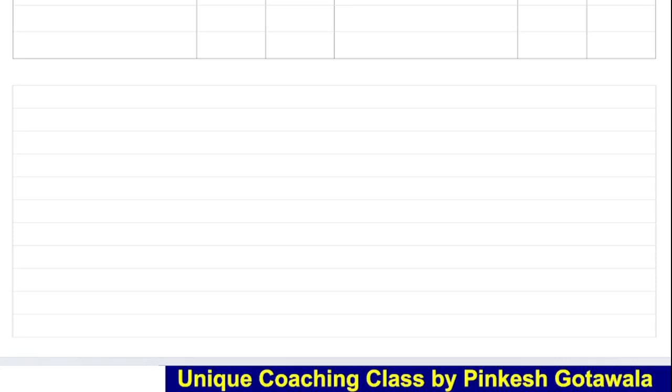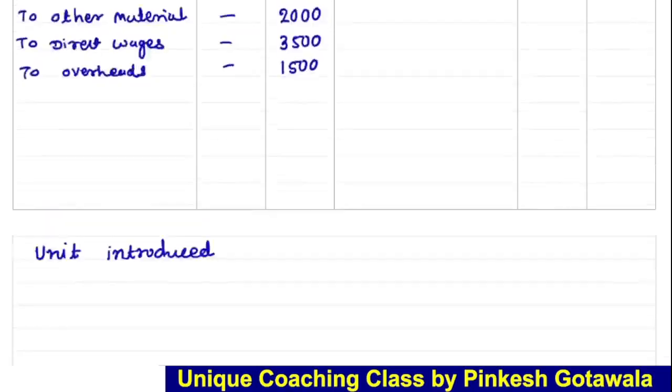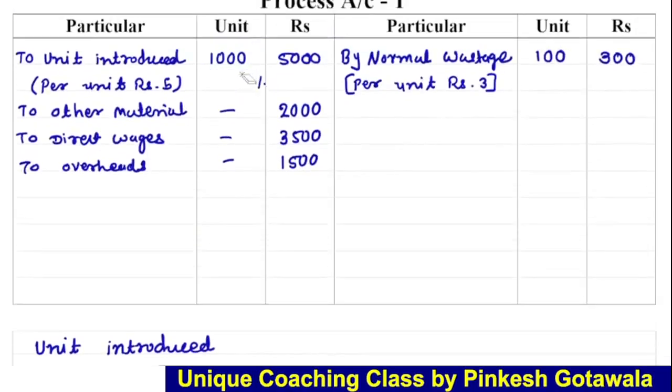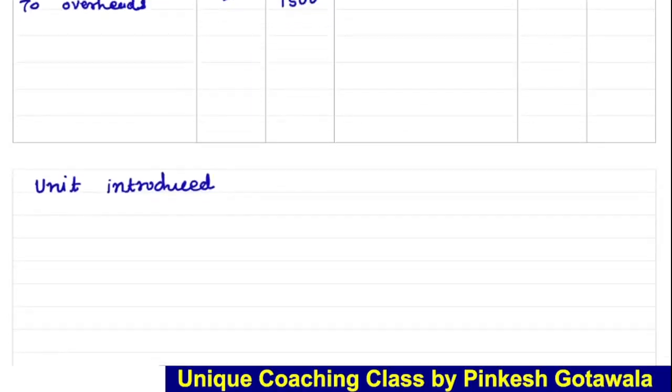Very simple, start from the units introduced. How many units are introduced in this process? We introduce a total of 1000 units. And we know that there is a normal loss. How much normal loss?